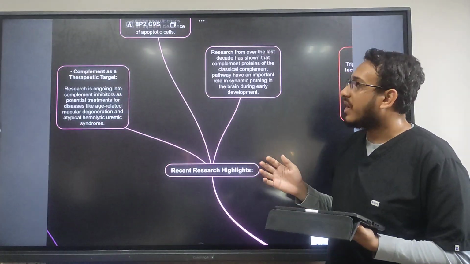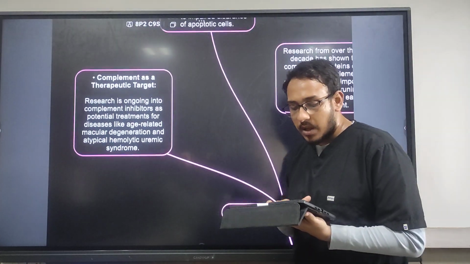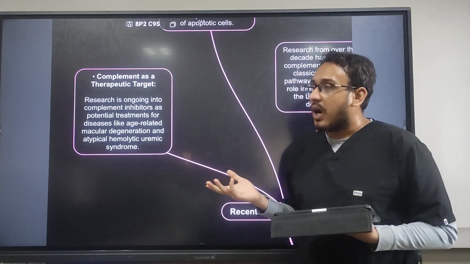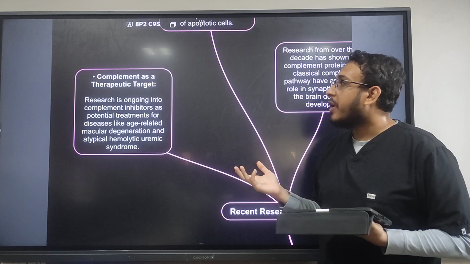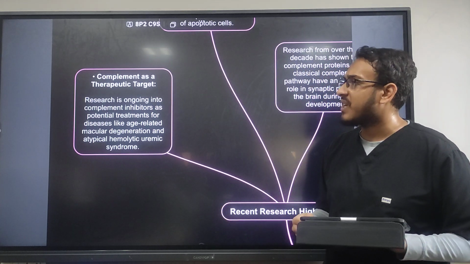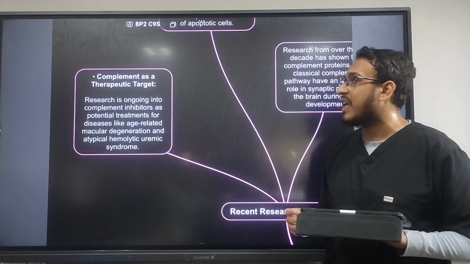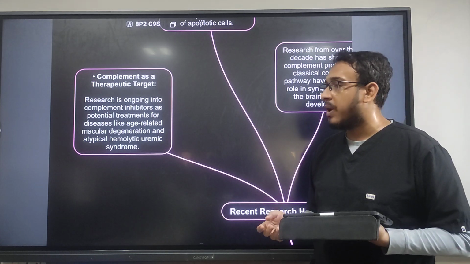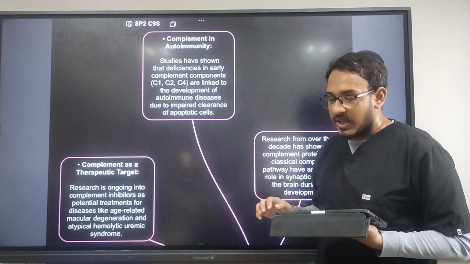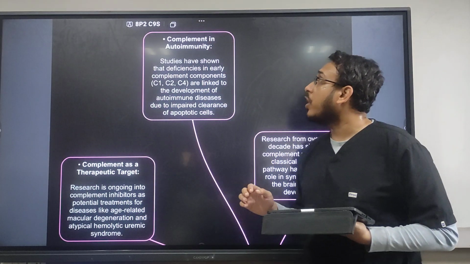So there are a few recent research findings which I have mentioned here. Complement as a therapeutic target. So research is ongoing into complement inhibitors as potential treatments for diseases like age-related macular degeneration and atypical hemolytic uremic syndrome. There is complement in autoimmunity.